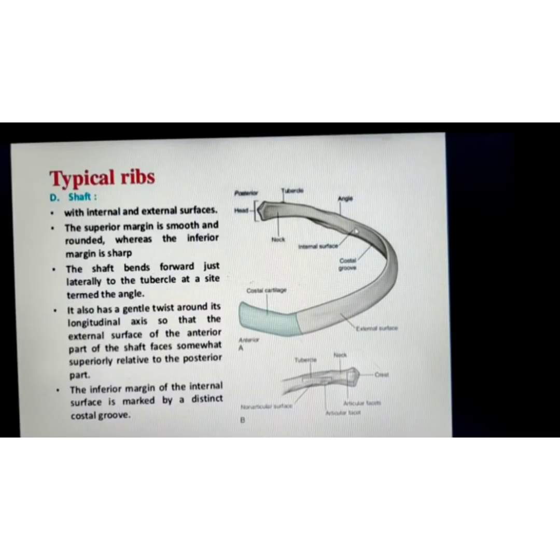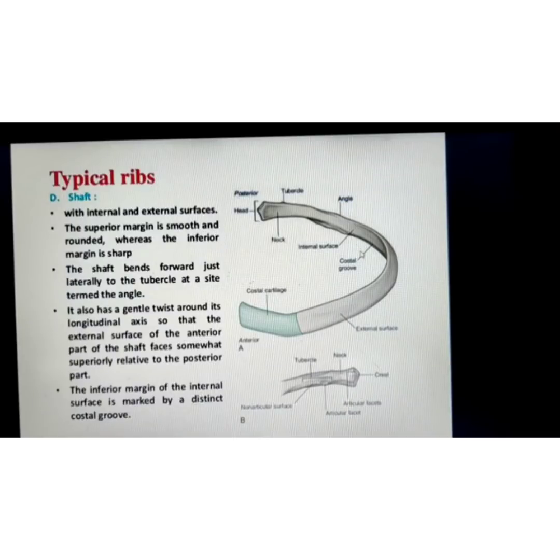It also has a gentle twist around its longitudinal axis, so that the external surface of the anterior part of the shaft faces somewhat superiorly relative to the posterior part. This is important, you have to remember.